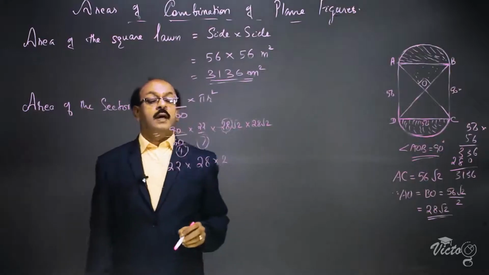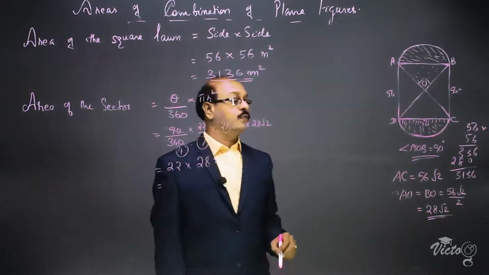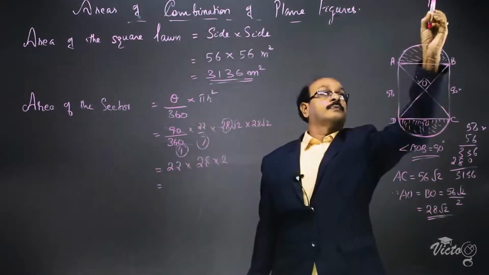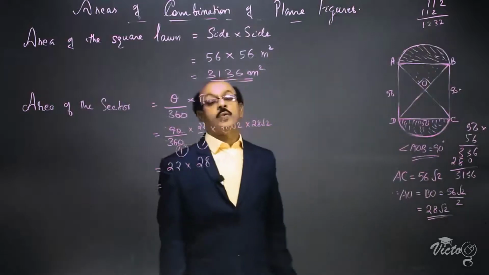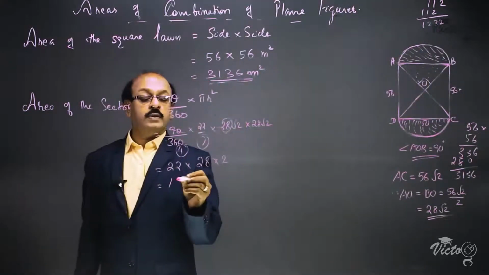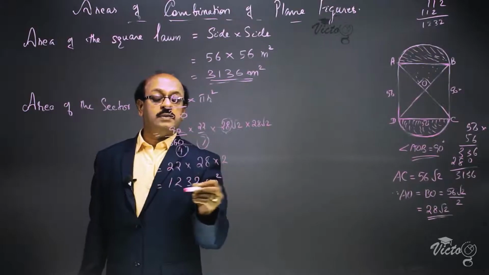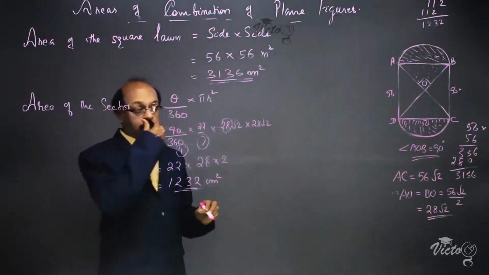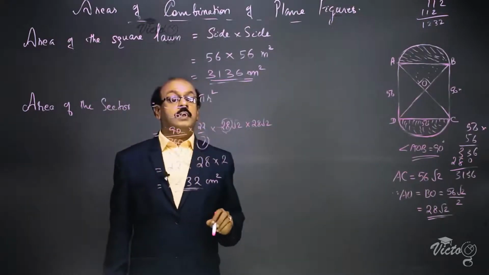This is 56 into 22, which is 1232. 1232 meter square is the area of the sector. Area of one sector we are getting as 1232 meter square.